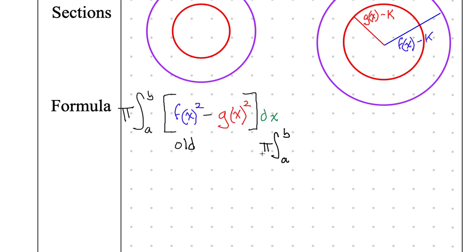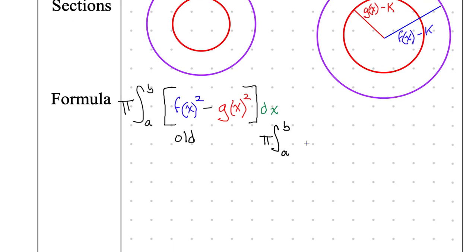I don't want to rederive the whole thing because we want some time to actually do some homework today. It's going to be the outer minus the inner. So the outer is still blue, f of x minus k. That quantity is the radius, so that quantity is going to be squared. That is a radius squared. And then I'm going to subtract from that the inner.